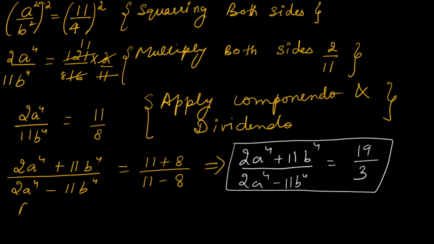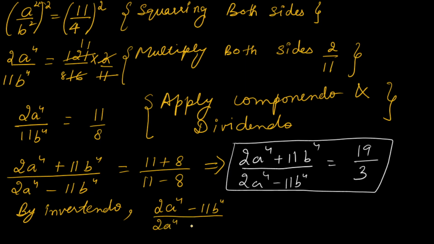So by invertendo now, if I apply invertendo, I'll get 2a to the power 4 minus 11b to the power 4 by 2 into a to the power 4 plus 11 into b to the power 4.